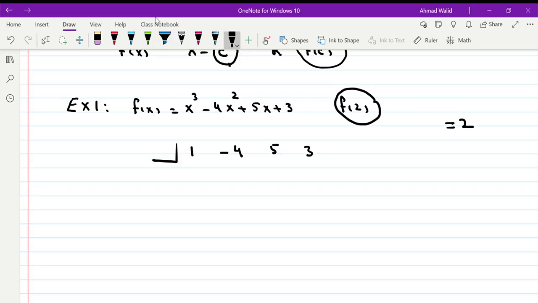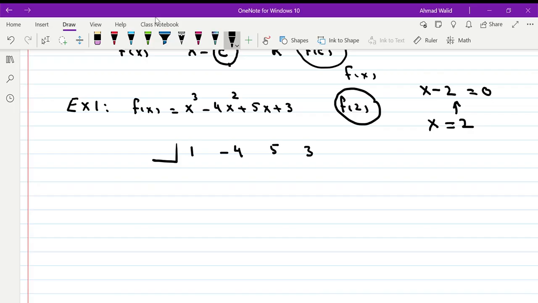F of 2 means the factor is definitely x minus 2 equals 0. If it's f of 2, your factor definitely is x minus 2.